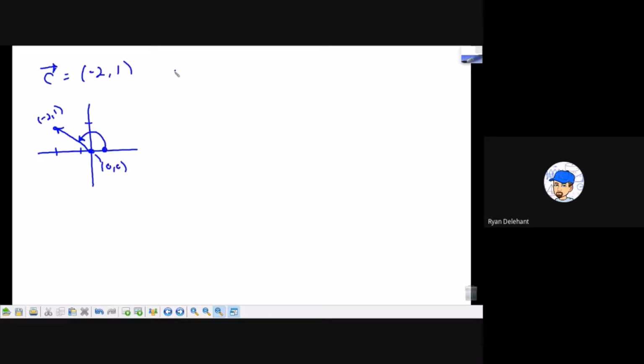So when we find its magnitude, we're going to use our square root of the difference of the X's, difference of the Y's. So we're going to go negative 2 minus 0 squared and 1 minus 0 squared. So that is going to give us negative 2 squared plus 1 squared, which is 4 plus 1.